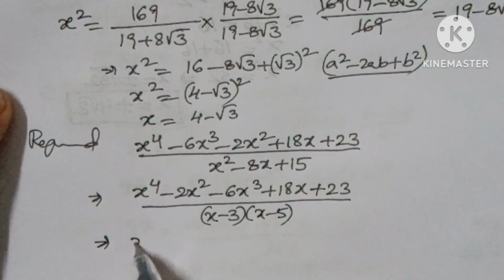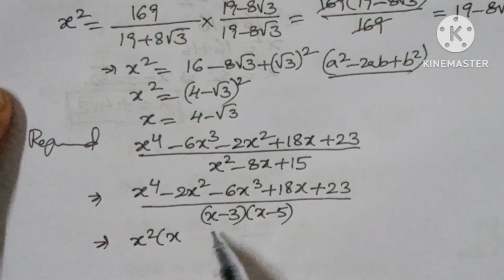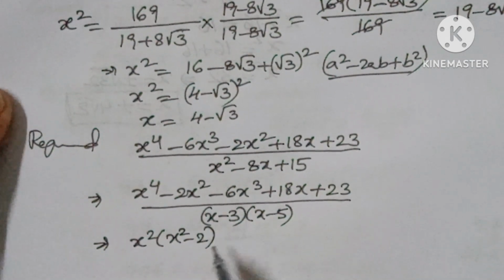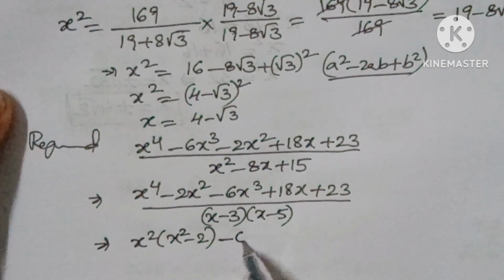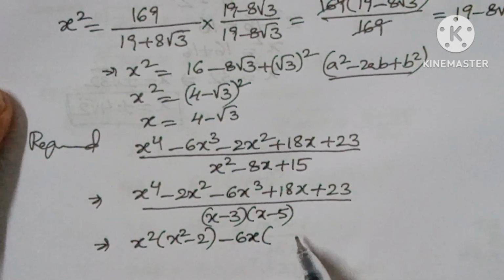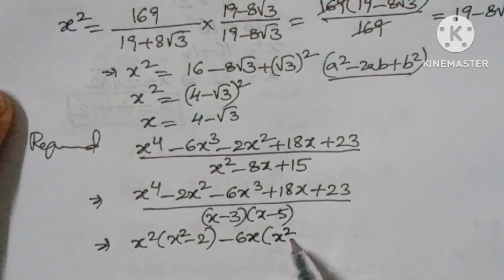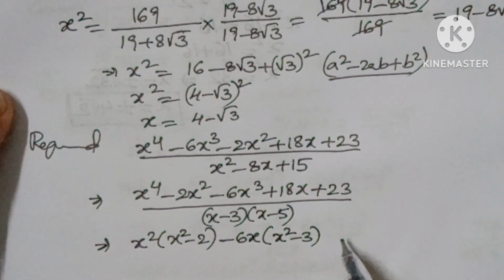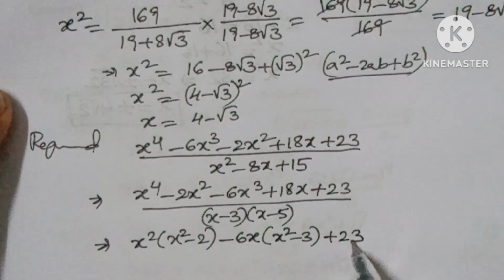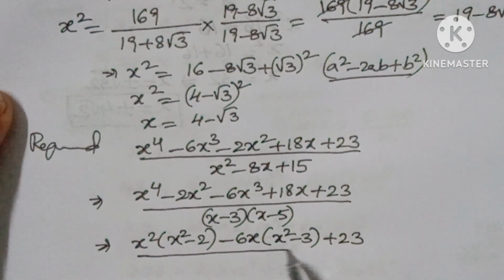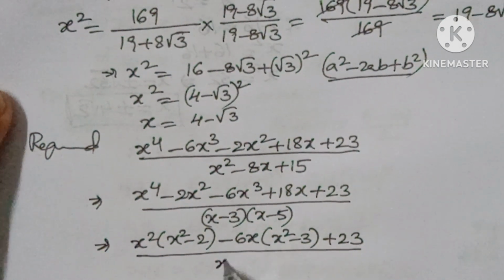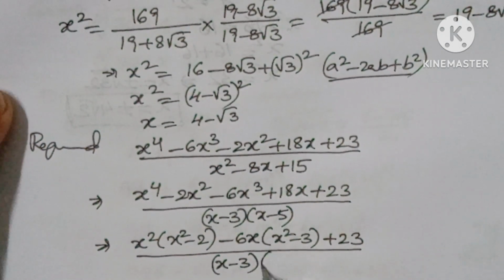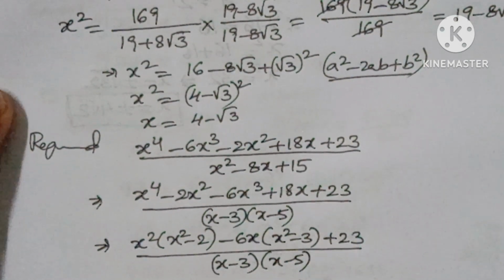So here you can take x square common, x square minus 2. Here you can take 6x common, x square minus 3 plus 23 by x minus 3 into x minus 5.